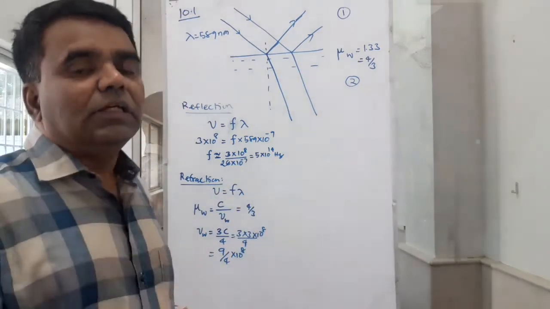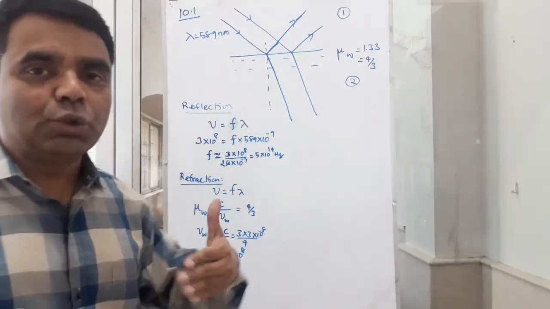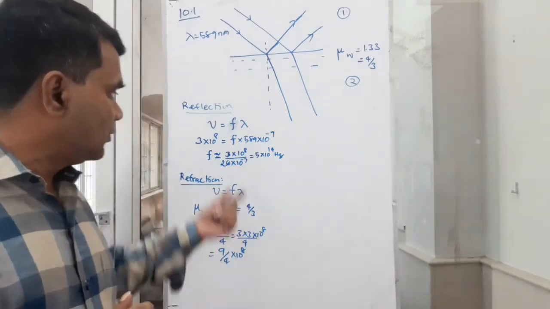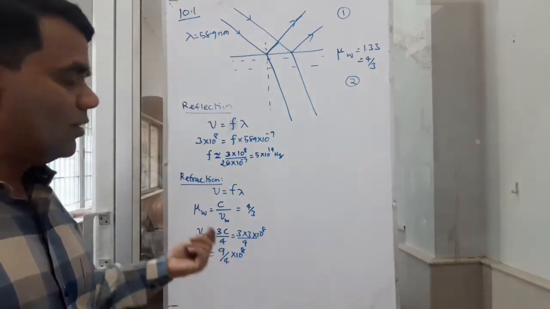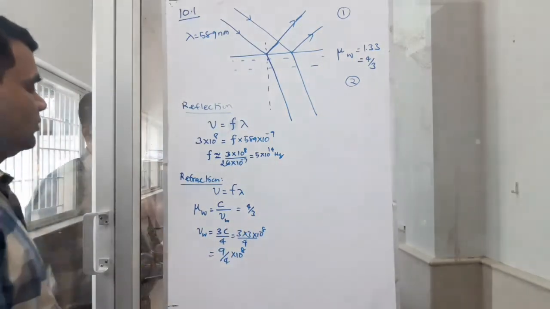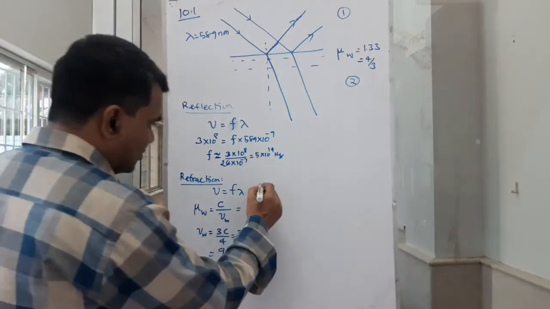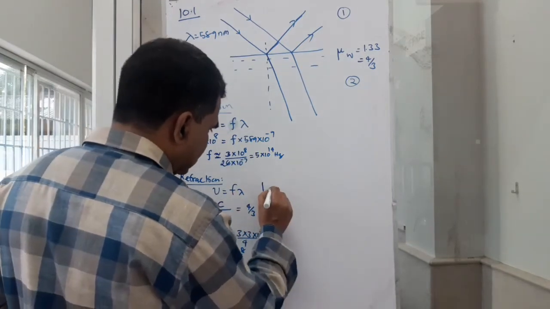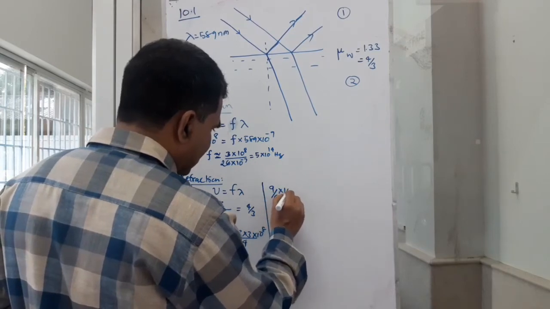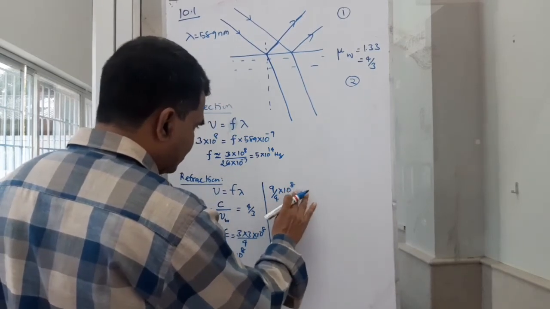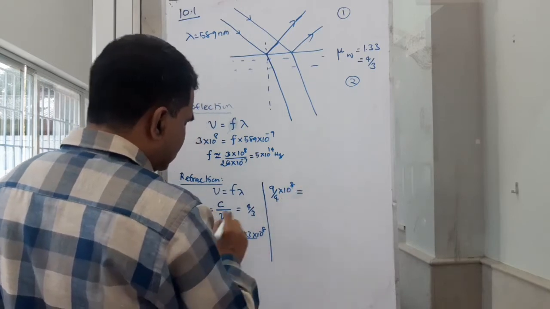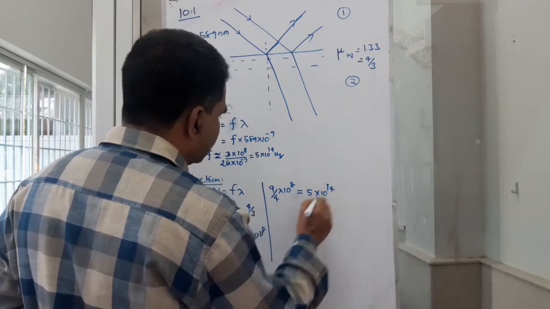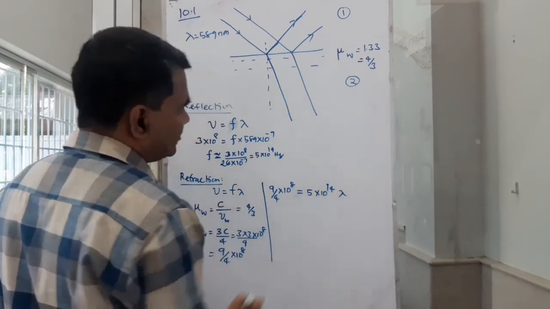So what do we know? We know that the frequency does not change when the wave travels from one medium to another medium. So this frequency will not change, but the wavelength will change. So if I were to use the same equation here, what have we got? My V of water, 9 by 4 into 10 power 8, is equal to f, which will not change, roughly 5 into 10 power 14 hertz, times lambda.